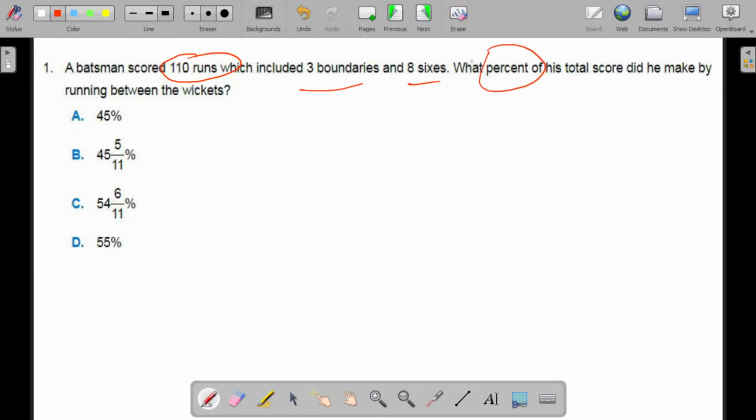What is the percentage of the total score he made by running between the wickets? Please mention the answer in the chat box.